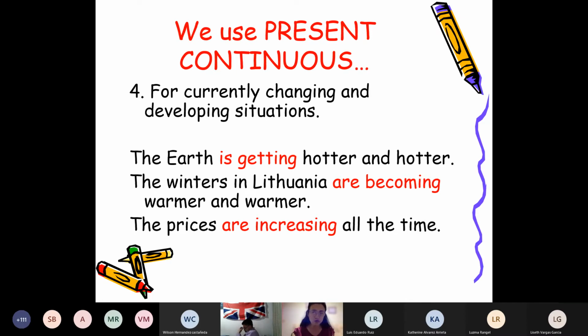For example, also you can say, we are attending English classes, and we are learning something every single class. No, these are developing situations. You are in the process of learning. You are attending these English classes, and you are learning, yes, improving your English, yes, time by time. This is currently changing and developing situations.